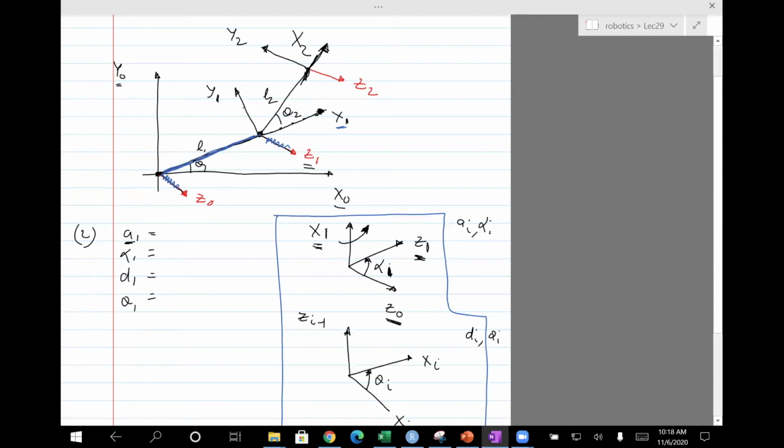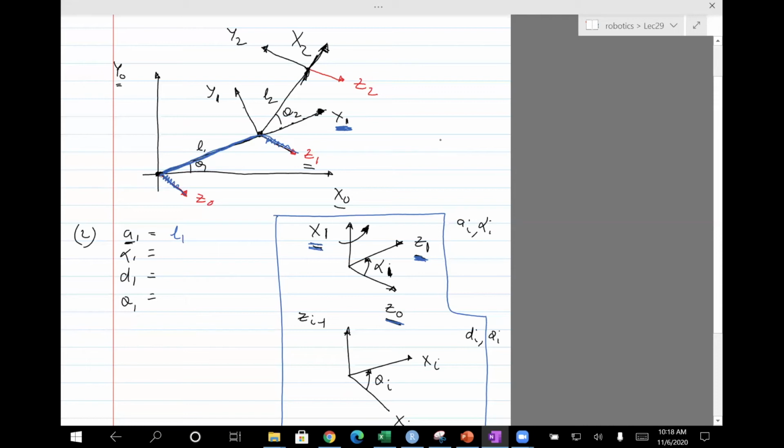It has to be L1, right? Because z1 and z0 are parallel, the distance is L1. Next is alpha_1. It's the angle from z0 to z1 as measured along x1. So it's the angle between z0 and z1 along this axis.